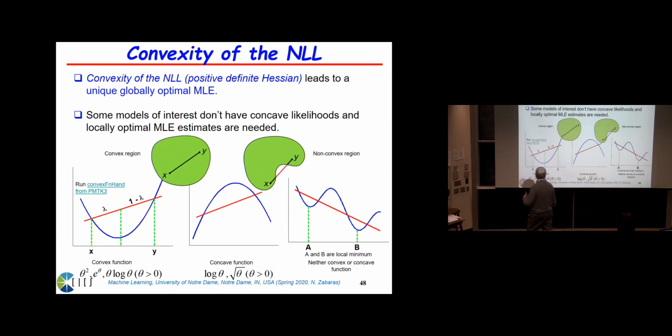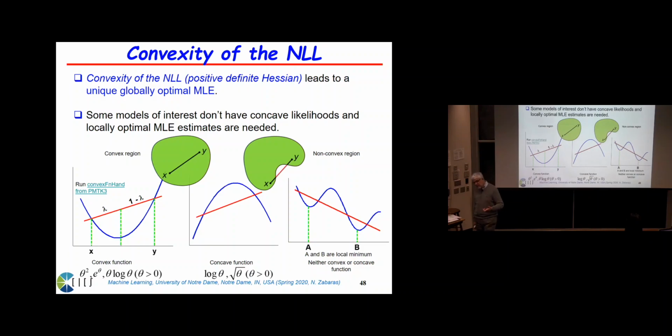Some functions that are convex: if the parameter we're looking at is theta, for example, theta squared is convex, e to the power theta is convex, and theta log of theta is convex.